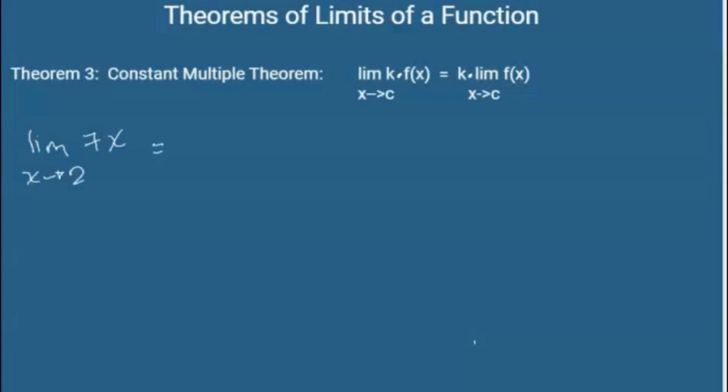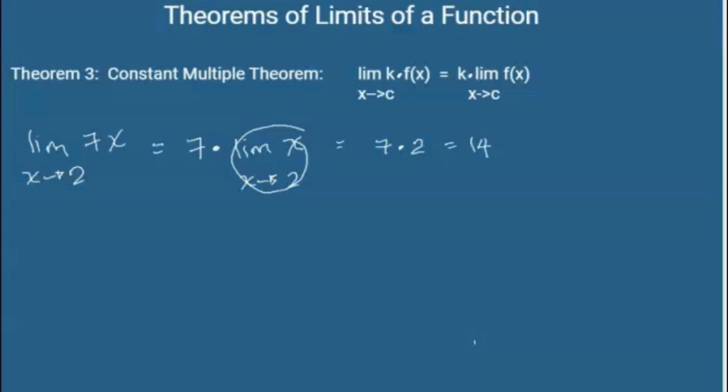To apply the constant multiple theorem, Theorem number 3, this means it's 7 times the limit of x as x approaches 2. What's the limit of x as x approaches 2? We can use our previous theorem. So this will be equal to 2. So the answer is 14.